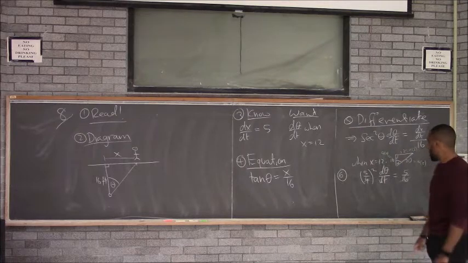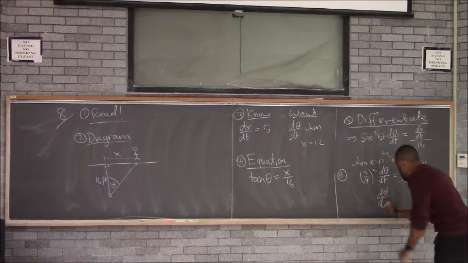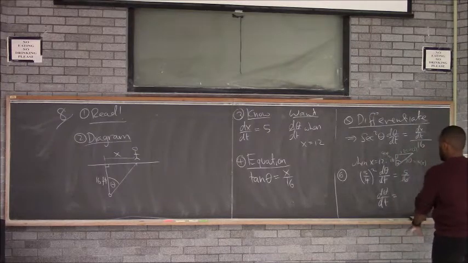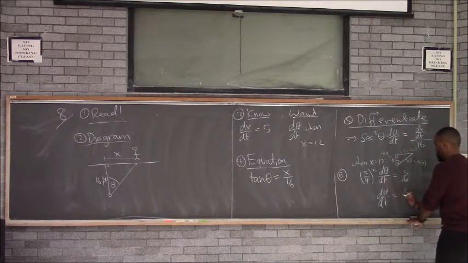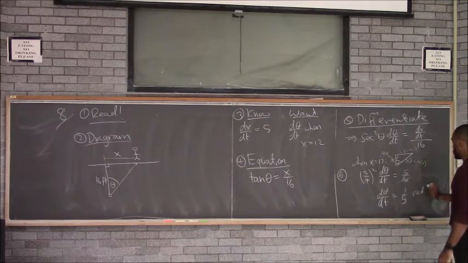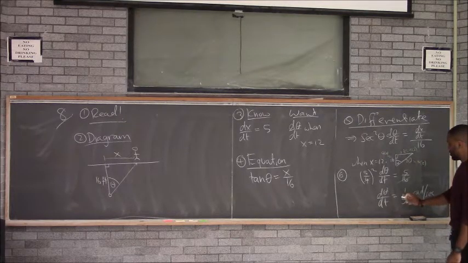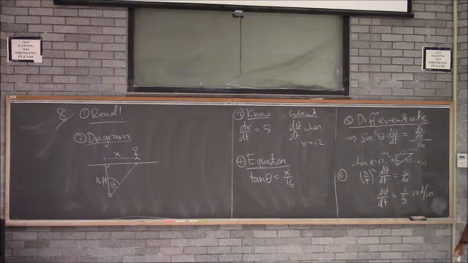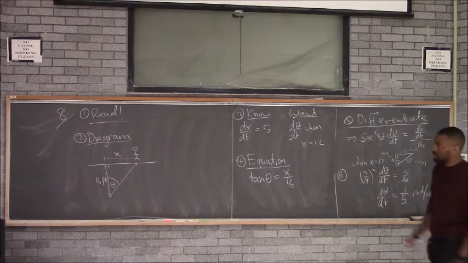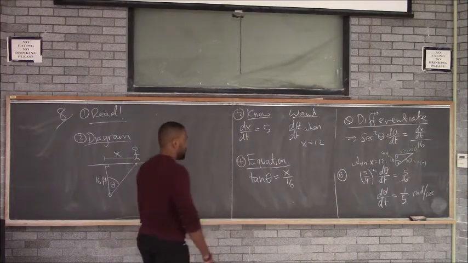That's going to die, and then we're going to divide by 25. And here we're thinking in radians per second. So that's 1/5. And that makes sense because the angle is increasing, so we should be getting a positive number here.